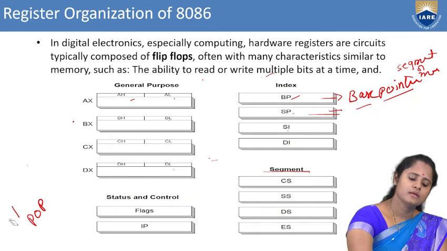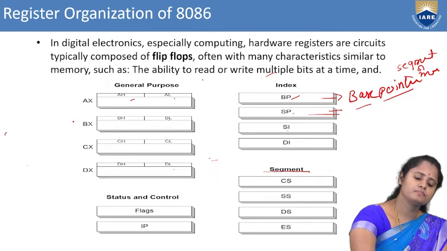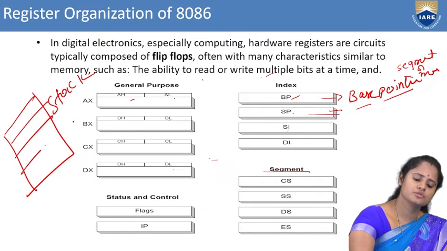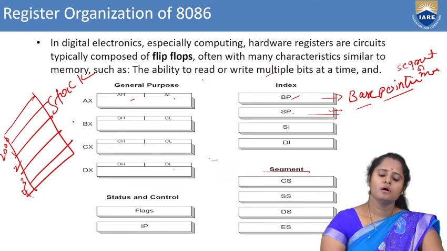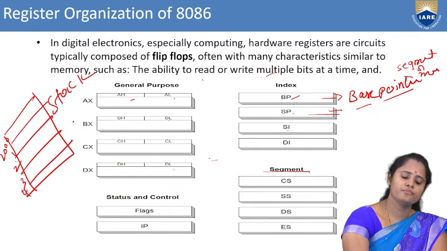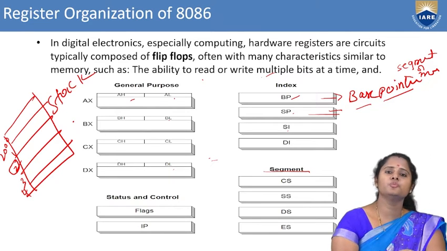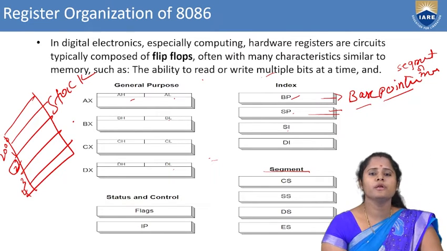Always in a stack, suppose this is a stack, this stack has memory locations. It may start from 2000, 2001, 2002, 2003, and 2004. If my processor is working in the 2002 memory location, how would I know?